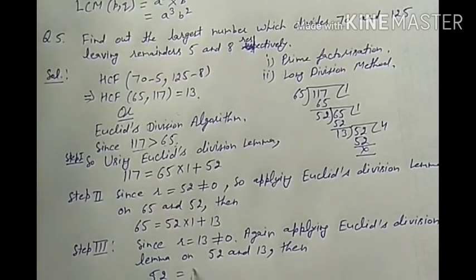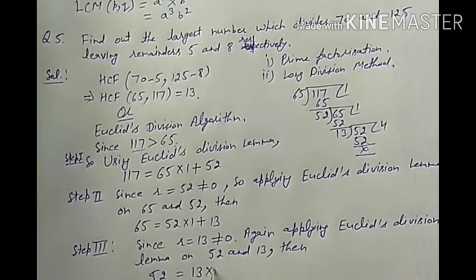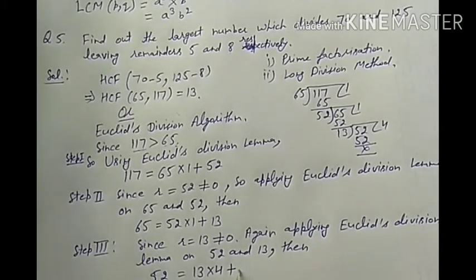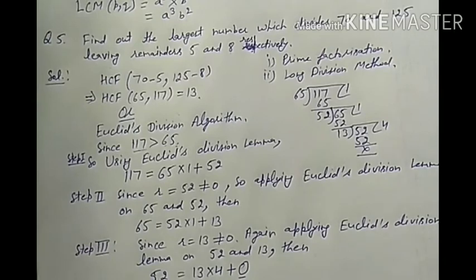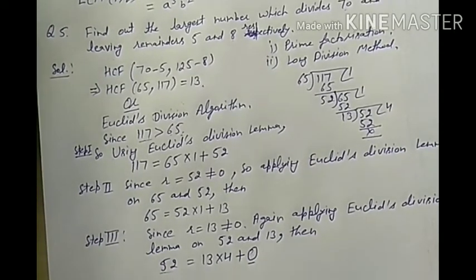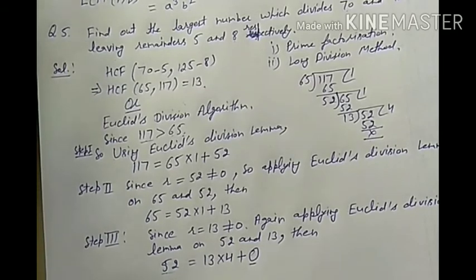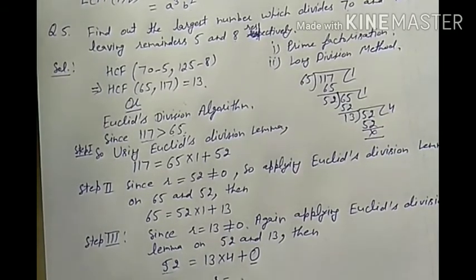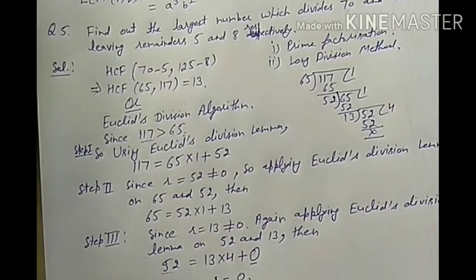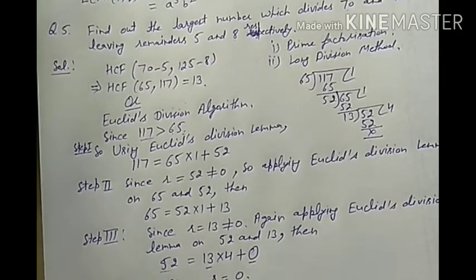A is equal to B divisor into Q plus R. Here R is, we can take step 4. Since R is equal to 0, so HCF is equal to 13.